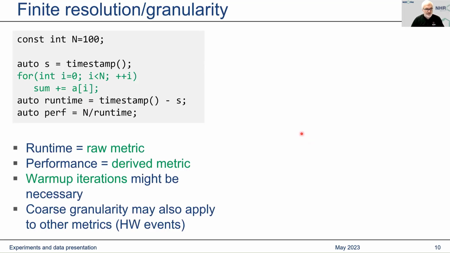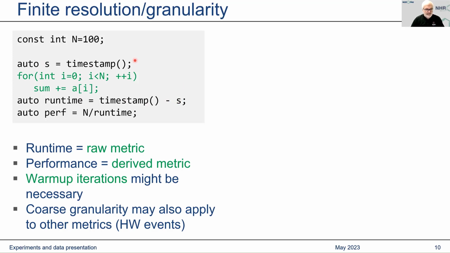So here's how you could use it, or probably how you should not use it. We have this simple loop in green. i goes from 0 to n, which is just 100, summing up some values in an array, a sum reduction. And in principle, you would use the timestamp like this. You take a timestamp, and then after the code, you take another timestamp. You subtract the first one, and you get the runtime as the difference of the two.